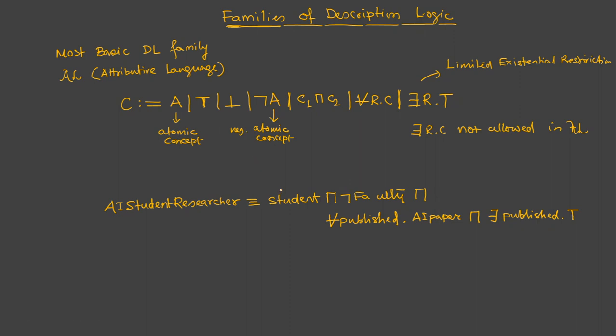So you see that we are using student to be one atomic concept, and faculty is an atomic concept, and we have taken negation of faculty, so this is allowed. And here we are using for all R.C, this is your C and this is your R, and you are using the limited version of existential restriction, which is exists R.top, right?